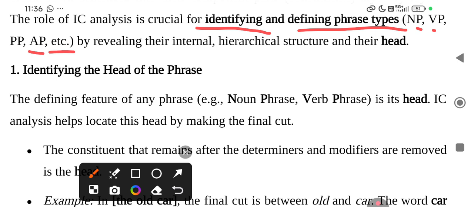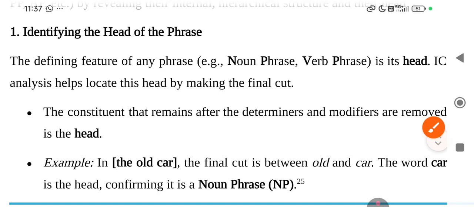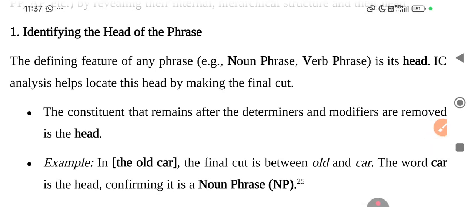By revealing their internal hierarchical structure and their head, we discuss in this analysis the internal structure of the sentence, what hierarchy any sentence follows, and the head of the phrase. IC analysis is basically done in three layers.